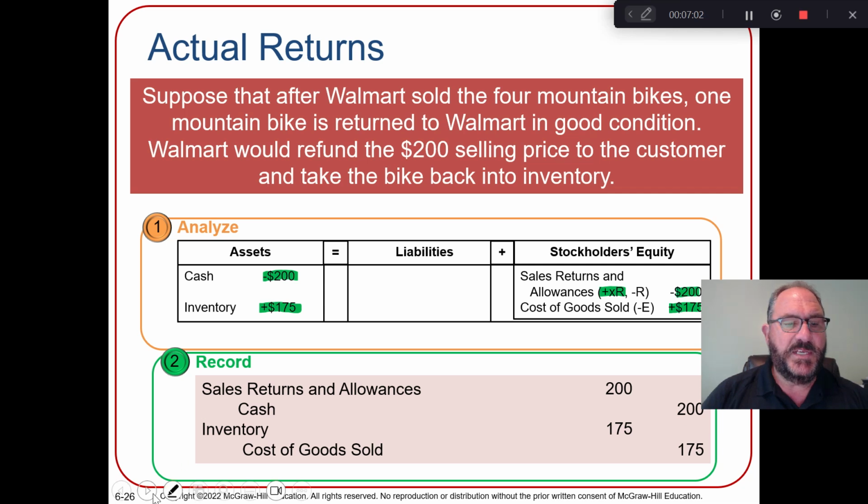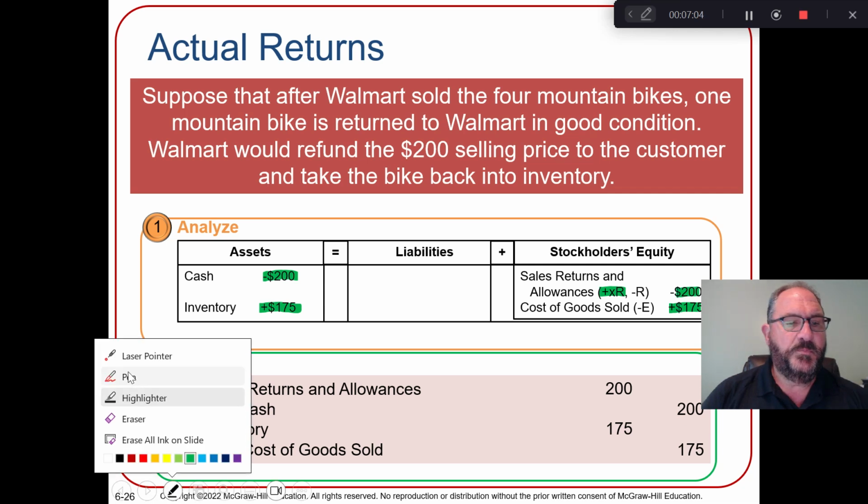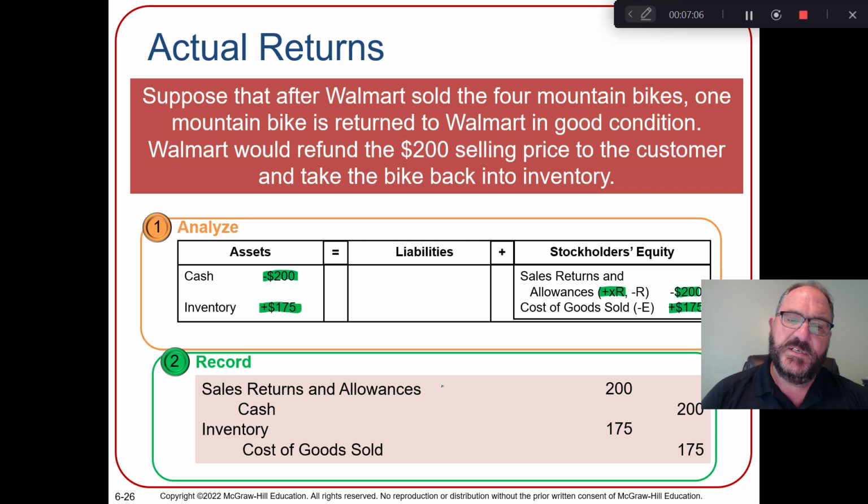And again, this is a contra revenue. Contra revenue right here.